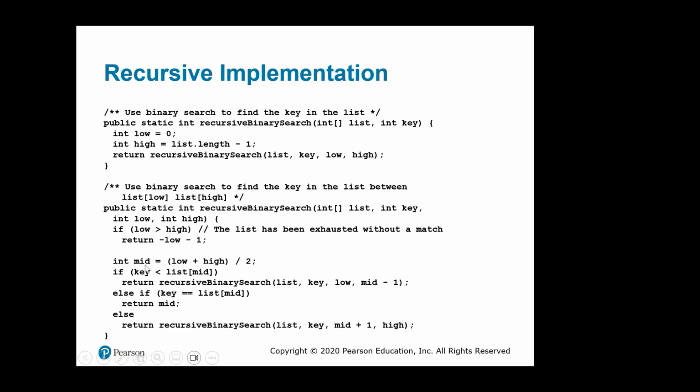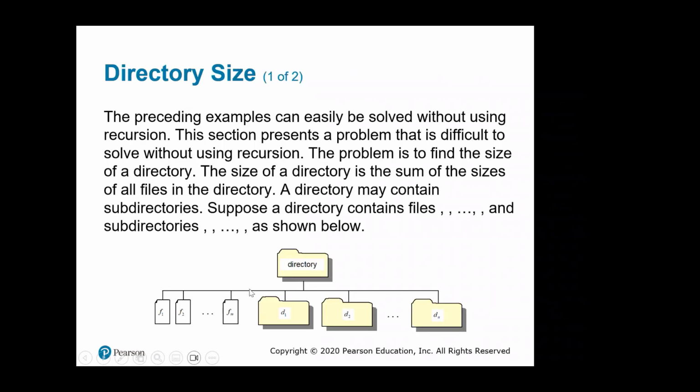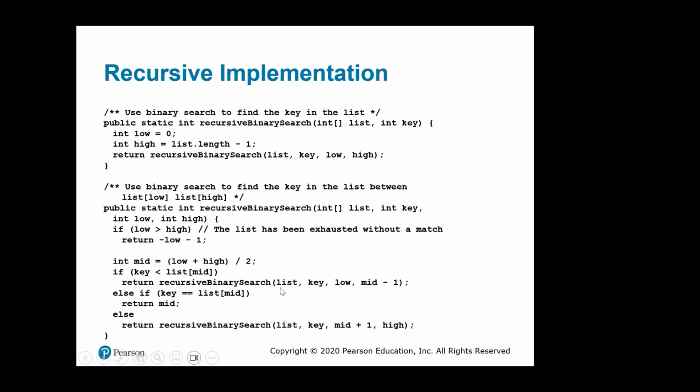Otherwise, we are going to find the middle index by taking the average of low plus high divided by 2. If the key is less than middle, we call recursive binary search on the same list, with key, low and middle - 1.